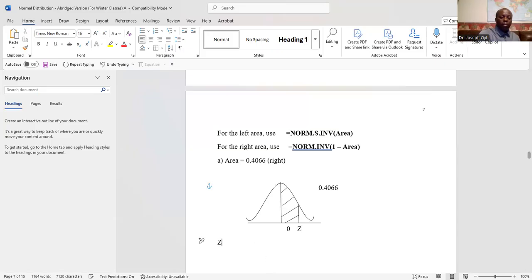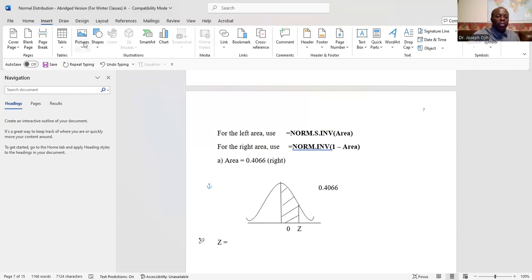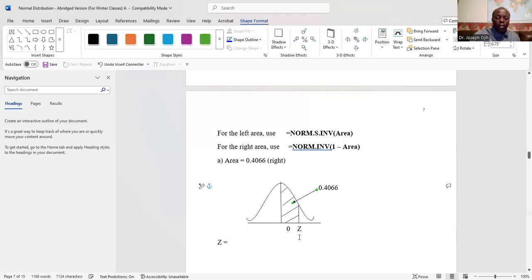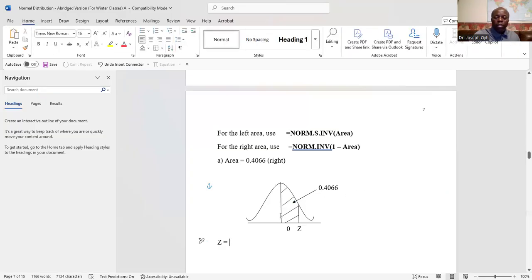So that Z becomes, this is the area that was given. I'm going to show you. See, the area was given as 0.4066, between 0 and that value. But remember, it forgot this side, and this side is 0.5. So for the area, you have to add 0.5 to this number to be able to use this formula in Excel.